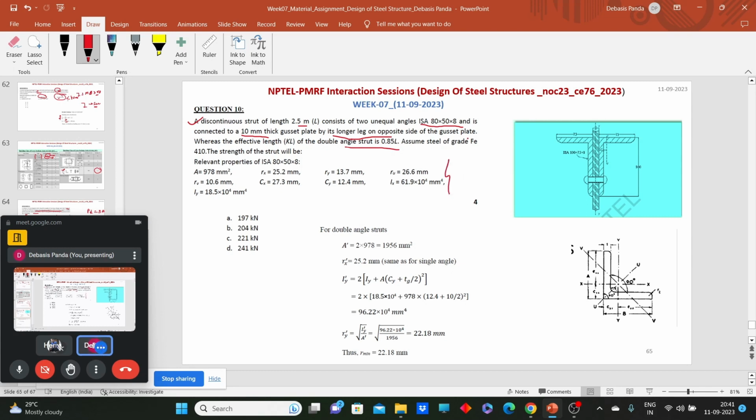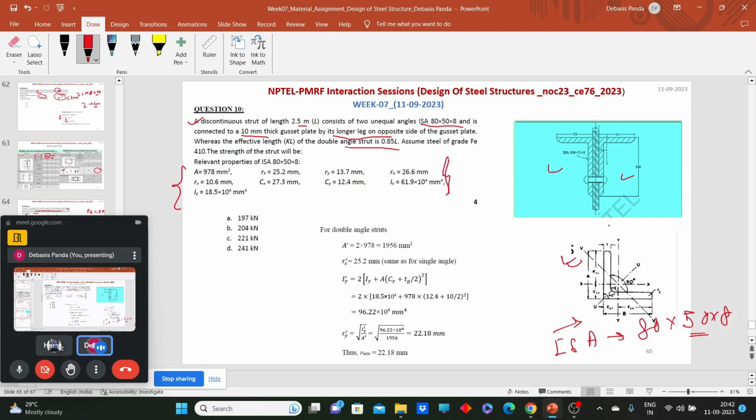So here we don't need to think about the effective length. The effective length is provided, and one more thing provided is that these are connected on the opposite sides of the strut. So first, what do we need to find out? For a single angle section, these values are provided. That means for a single ISA 80 into 50 into 8, these values are provided.